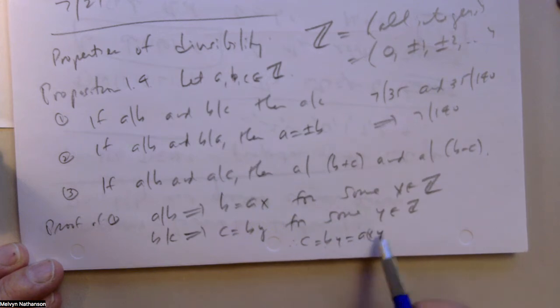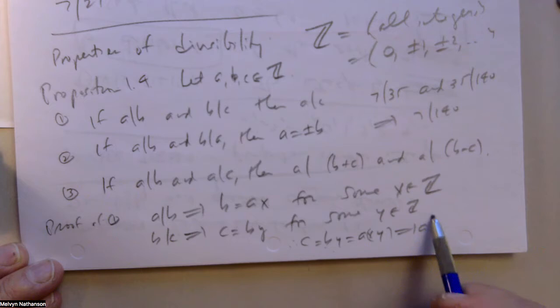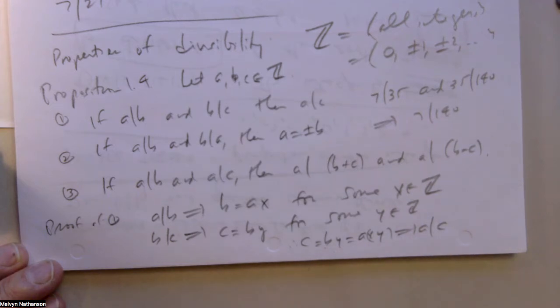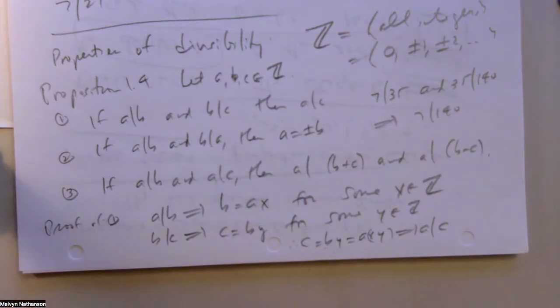So this is A times XY. And that means A divides C. That's what we wanted to prove. So this is a proof. And in 400 level math classes, proofs are part of the game.